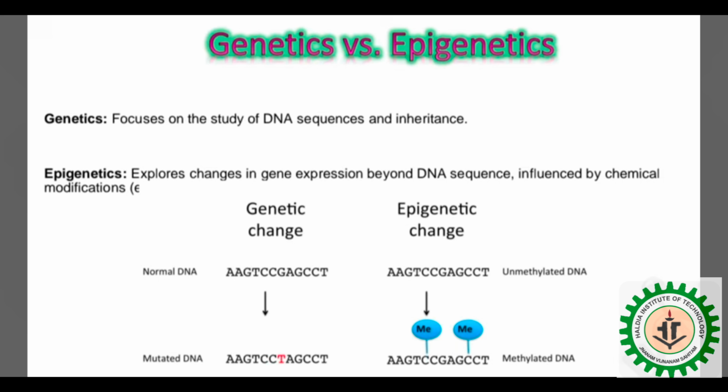The most well-studied and well-known example of epigenetic modification is DNA methylation. DNA strands have a polarity from 5' to 3'. Now, if a cytosine or C is present in the 5' side and a guanine or G is present just after that, so the sequence is 5' C, G, 3'.